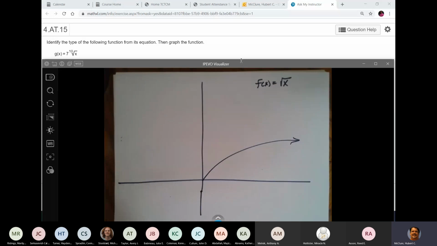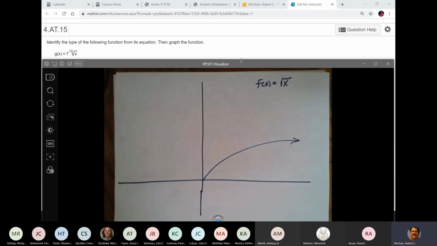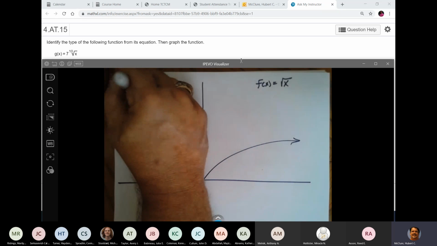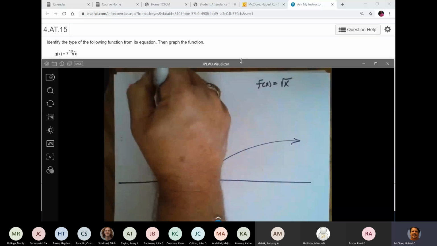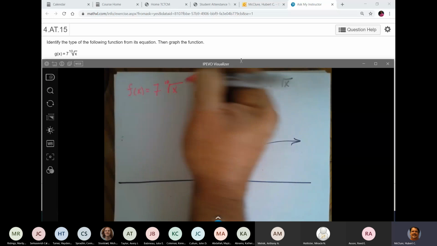Okay, our function, and I'm going to rewrite our function over here. I'm going to write it in pink. F of x is equal to 7 times the 10th root of x.